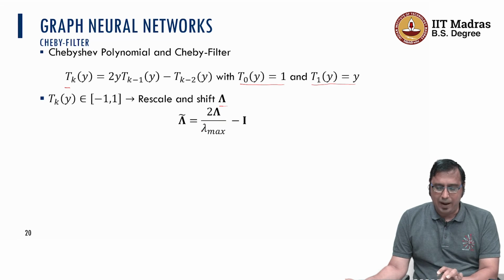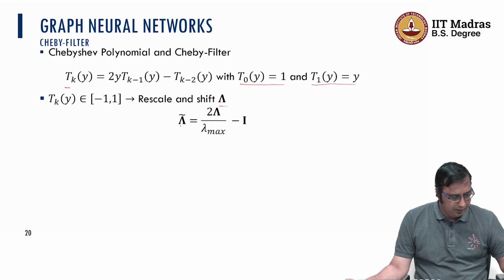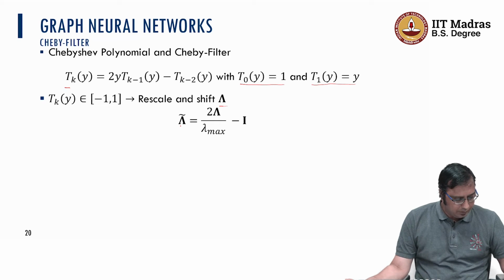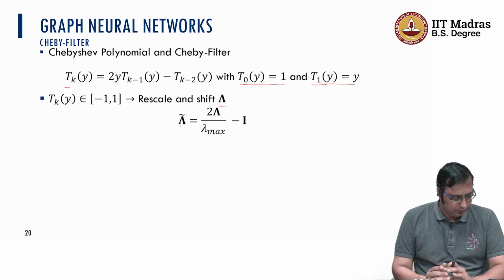We will take lambda max and scale it so that we have a new scaled eigenvalue, lambda tilde, which will now be in the range of minus 1 to 1.